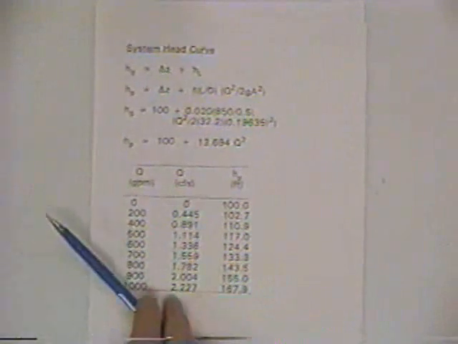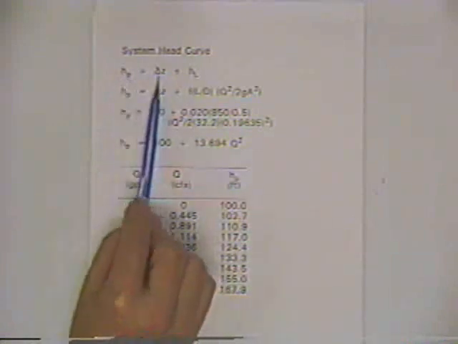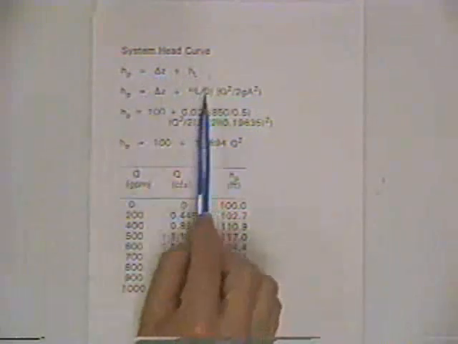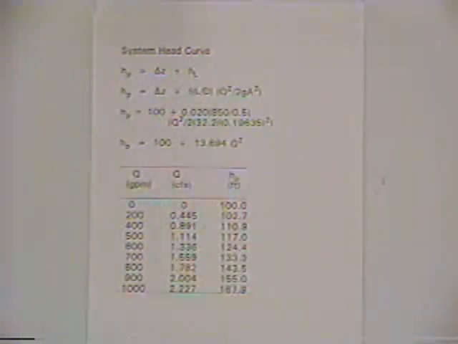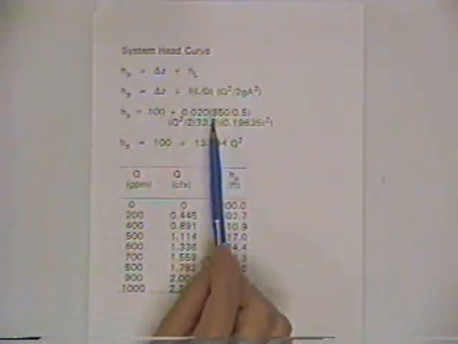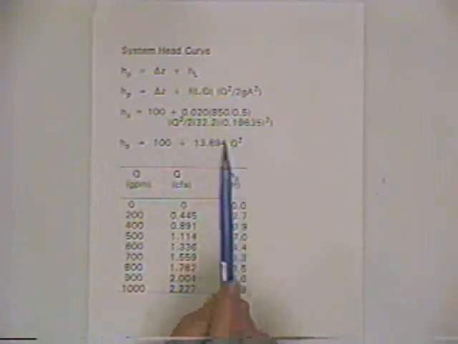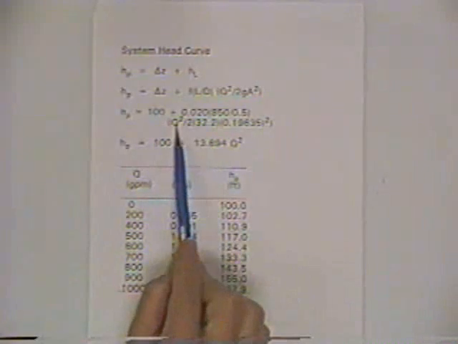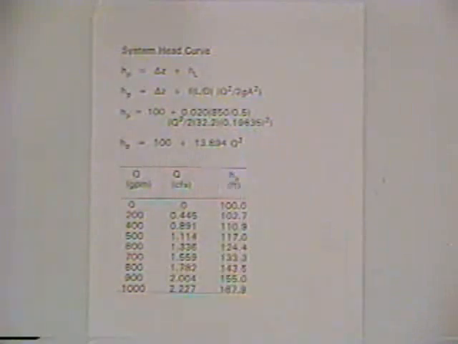And so we use the energy equation just now and determine from the energy equation that the head added by the pump, that term in the energy equation, is going to have to take care of the delta Z, and it's going to have to take care of the head loss. We need an expression for the head loss, so we plug in the Darcy-Weisbach equation, same equation we've used before, and then we plug in the numbers that we know, the friction factor from the Moody diagram, the length of the pipe, diameter of the pipe, the Q squared is an unknown, divided by 2g, the acceleration of gravity, and the area, which we can compute from the diameter of the pipe.